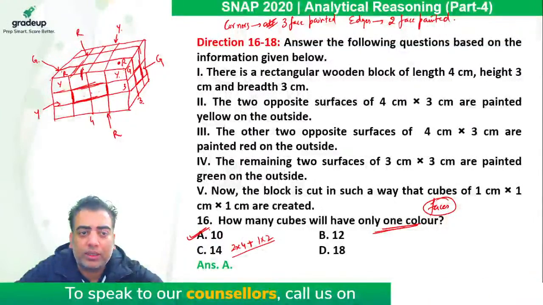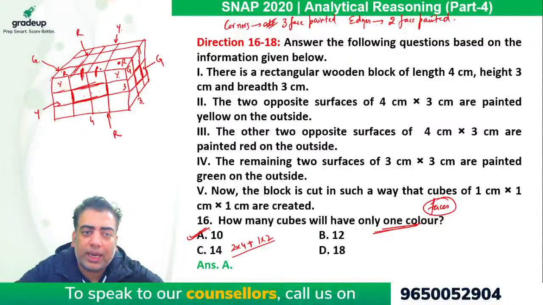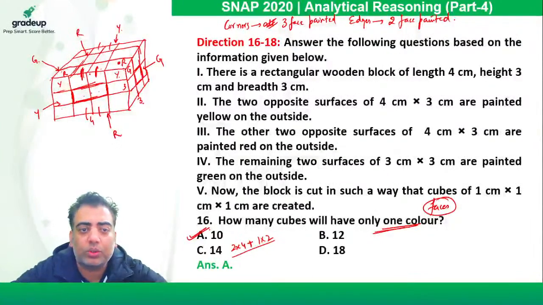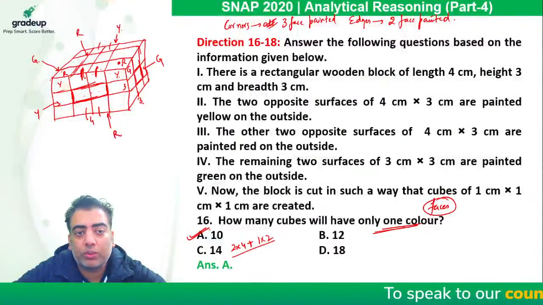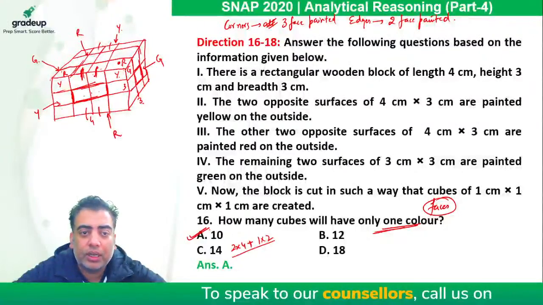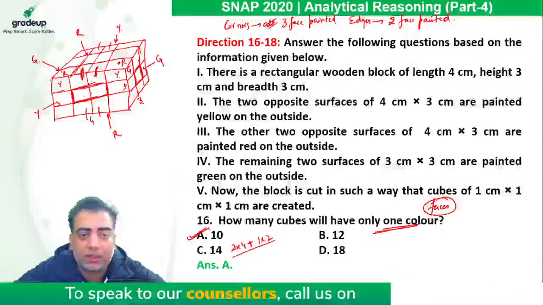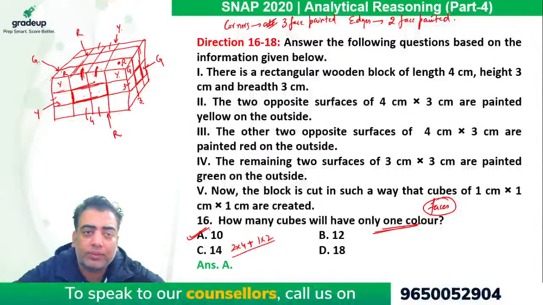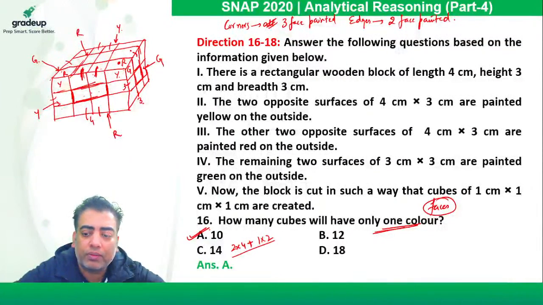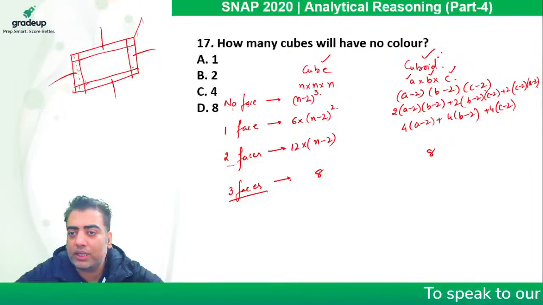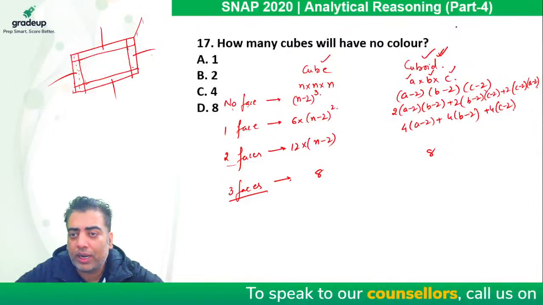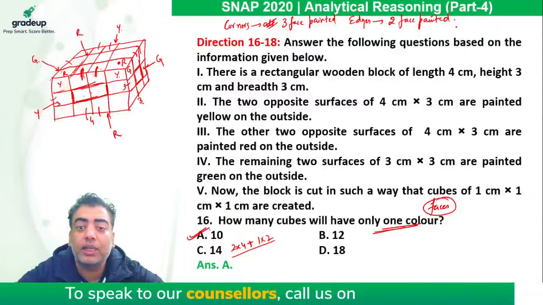These are the ones which have only two colors. Along these edges I have two cubelets each. Then when it comes to these edges, it has one cubelet, and there will be one there also. If we talk about this side, it again has one and one, right? So either you can use this case, or you can observe it from the diagram itself.